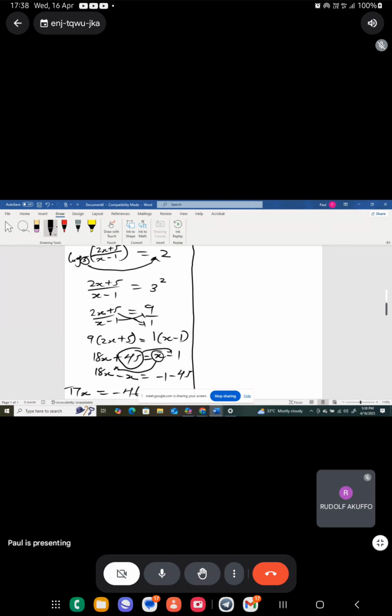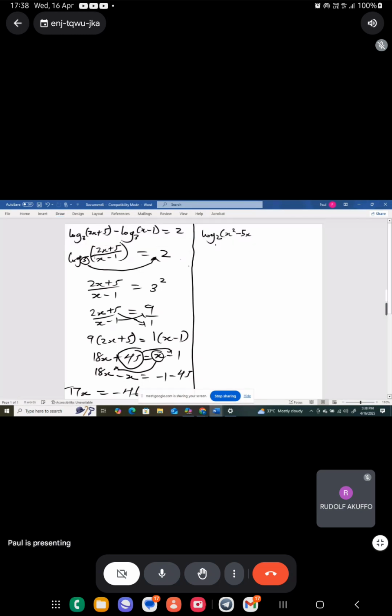All right. Log to the base 2 of (x squared minus 5x, not plus, it's minus 10) should be equal to 2. So when you are given a question like this, how do you do it?